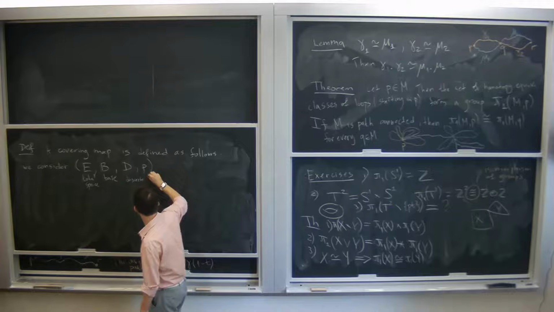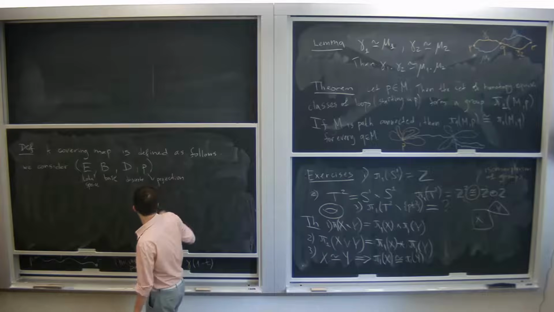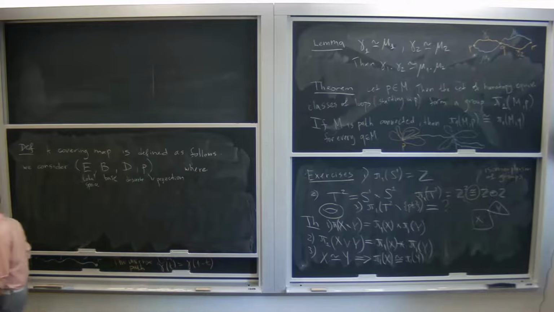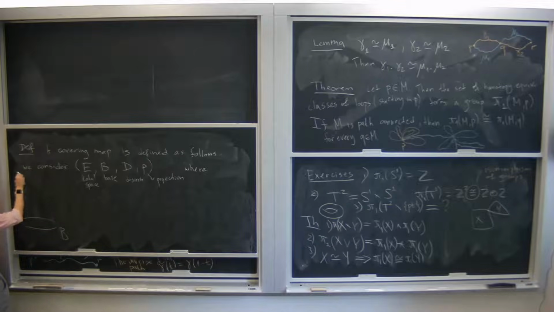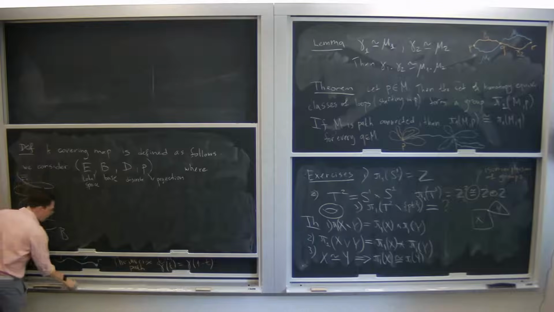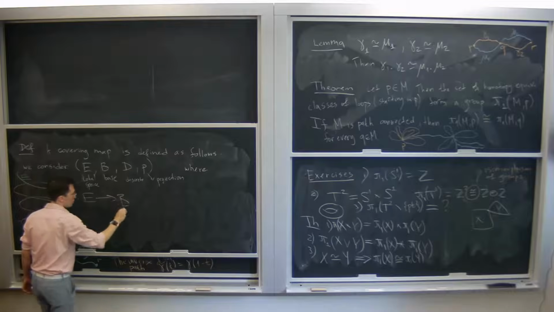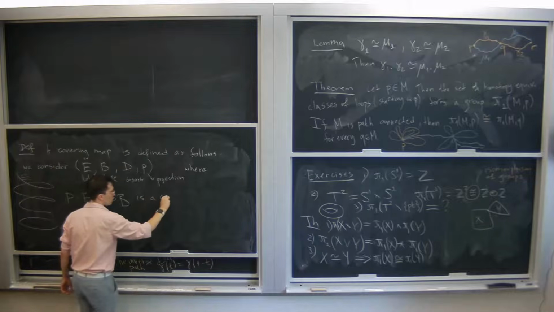And P is a projection, where P is a continuous map from E to B. So P is continuous from E to B, a continuous map.